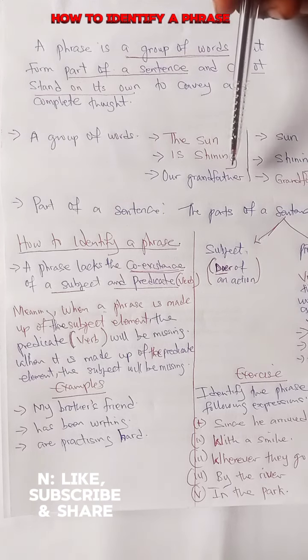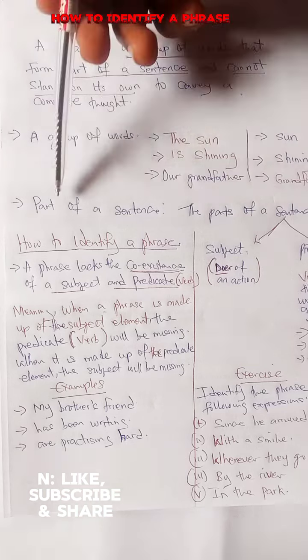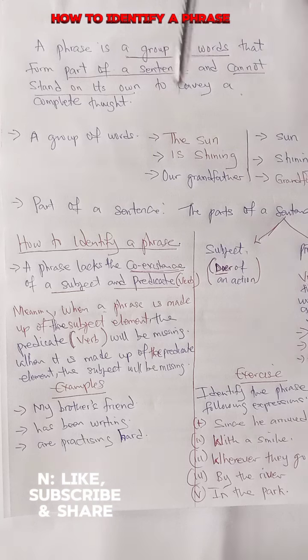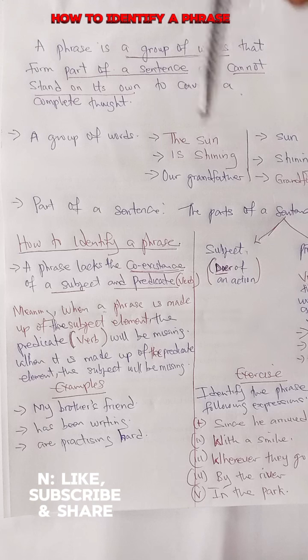A grandfather. Now, let's go back to the other thing that projects the definition of a phrase. It said it cannot stand on its own. Let's look at what makes a phrase not able to stand on its own. Look at this: the sun. When someone comes to you and says the sun, you will be looking at this person to say something after it, because it seems as if the message is not complete.